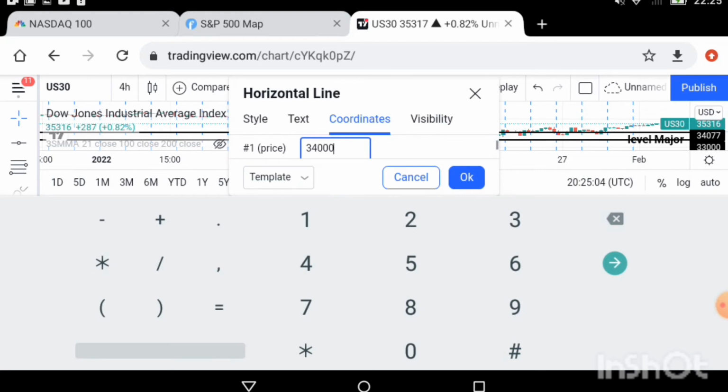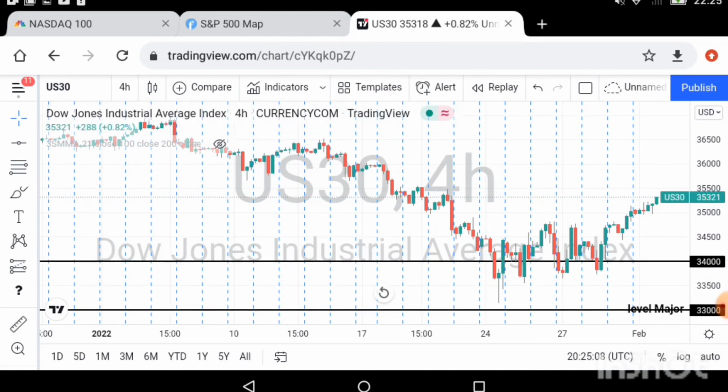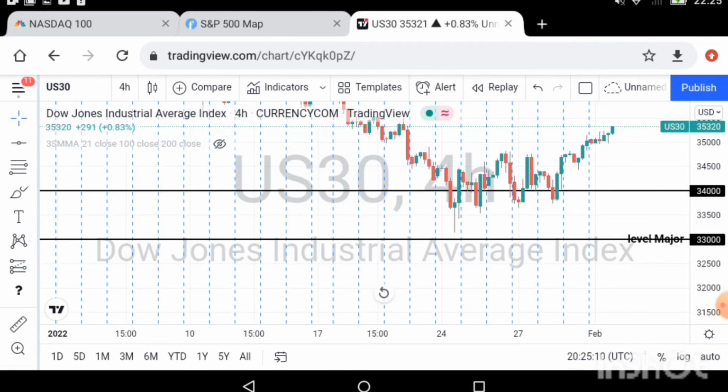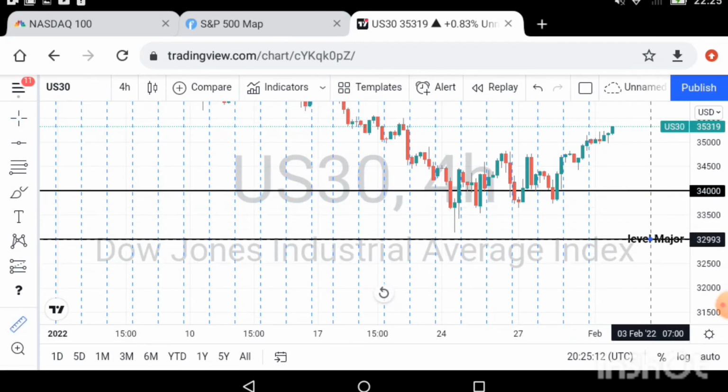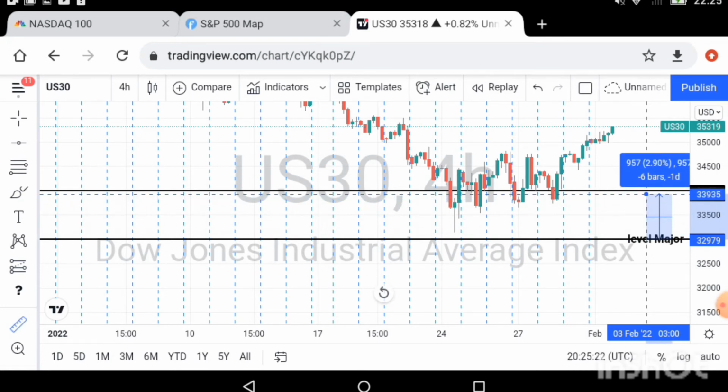It's just two zeros. Let me make sure it's exactly what I said it is, if it's 1,000 pips. Yes, I'm correct. This is 1,000 pips.